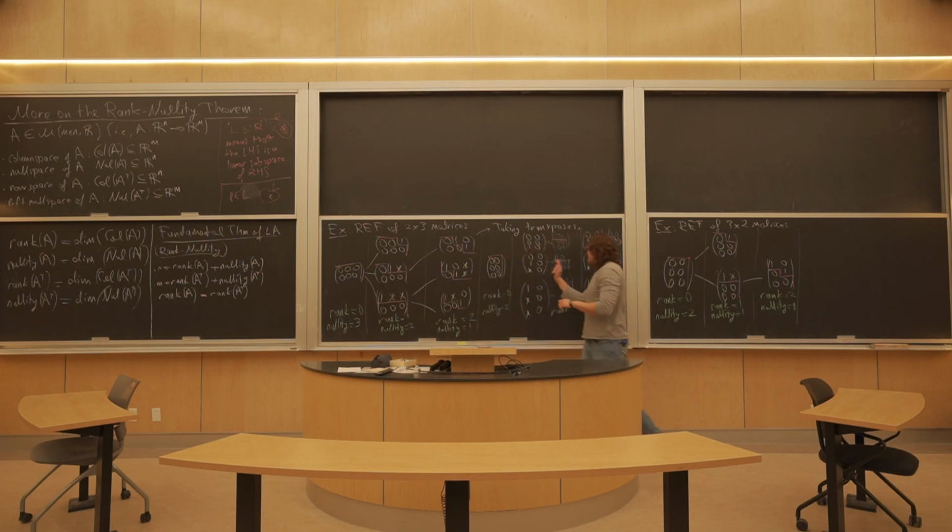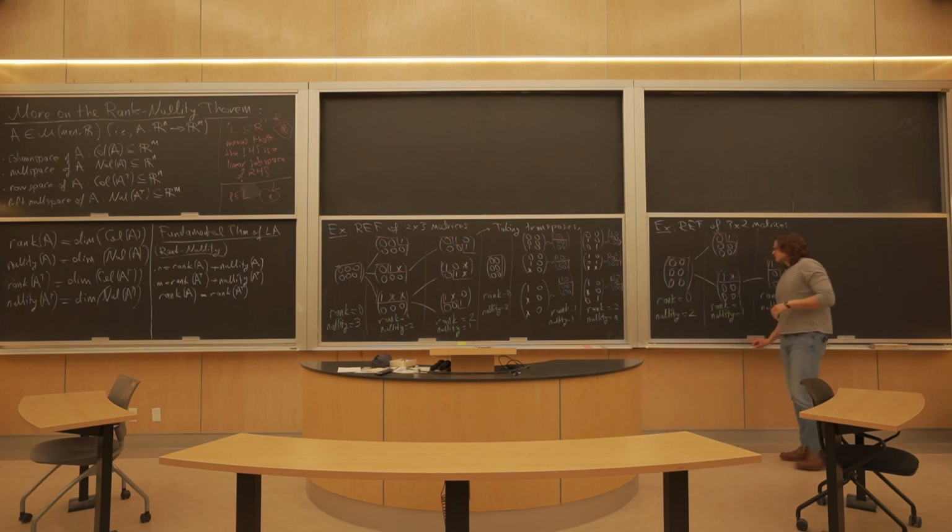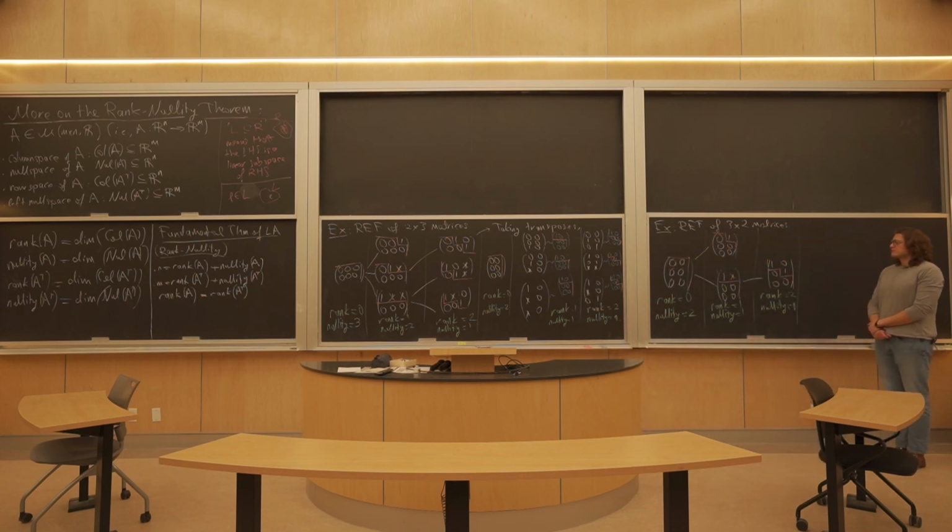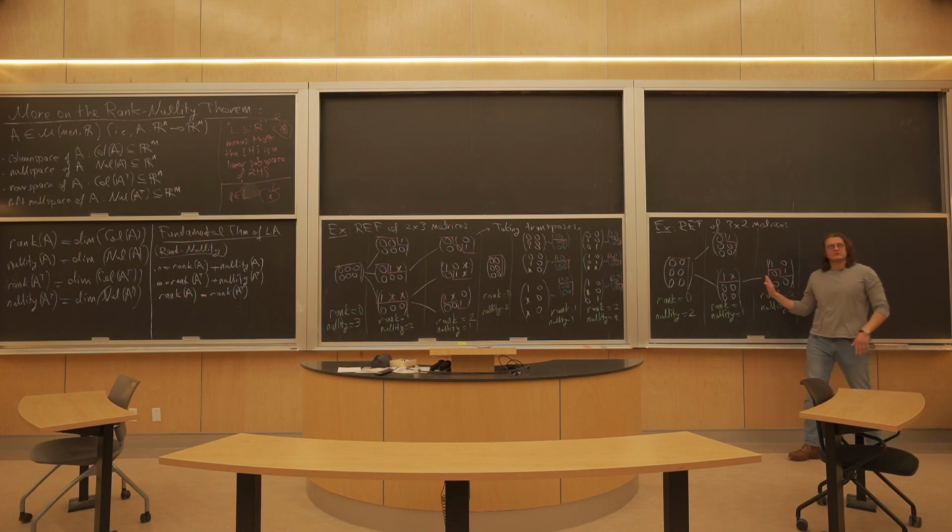In this case, the rank and nullity have to add up to 2 because the number of columns is 2. Nullity is 1, and nullity is 0. Okay? Does this make sense?